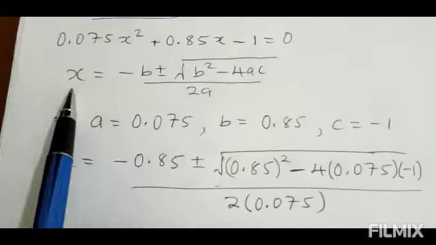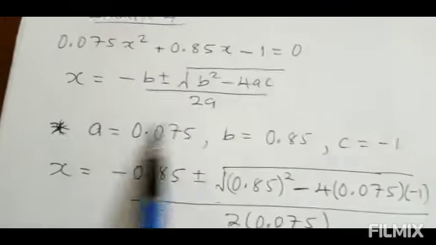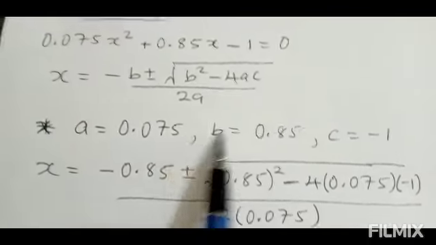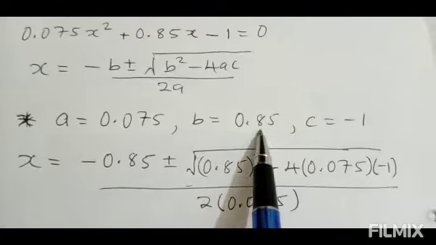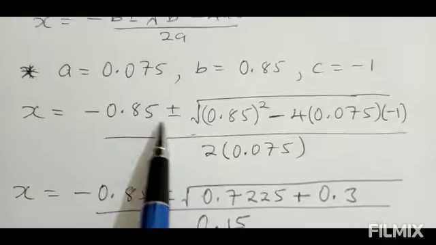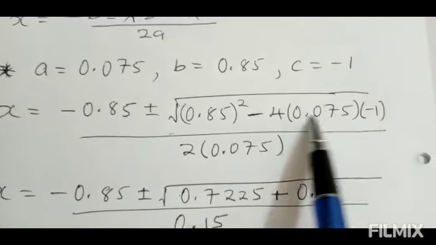So x is equal to minus b plus or minus the square root of b squared minus 4ac over 2a. a is the coefficient of x squared, which is 0.075, and b is 0.85, and c is minus 1. We put these values in the equation. So we have minus 0.85 plus or minus the square root of 0.85 squared minus this and that.